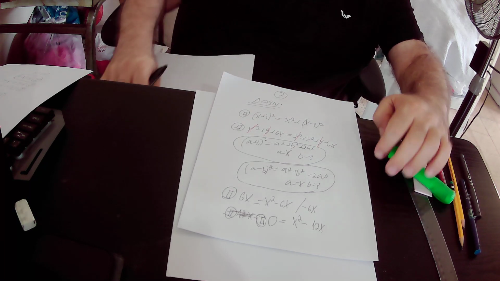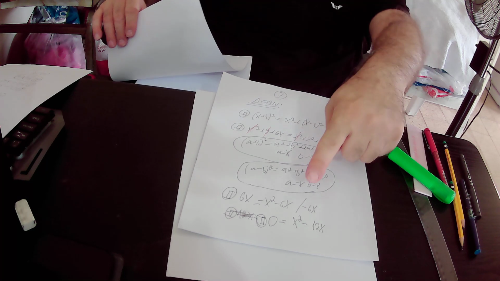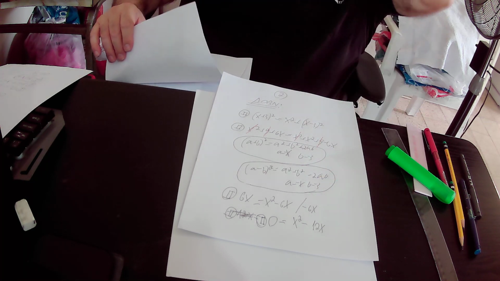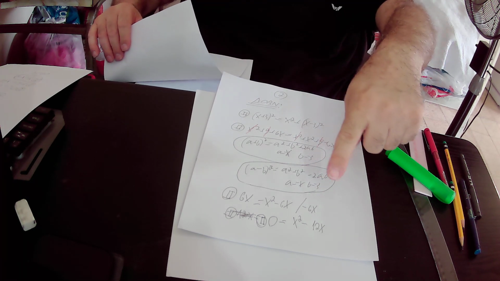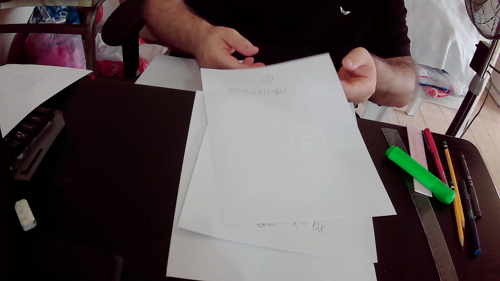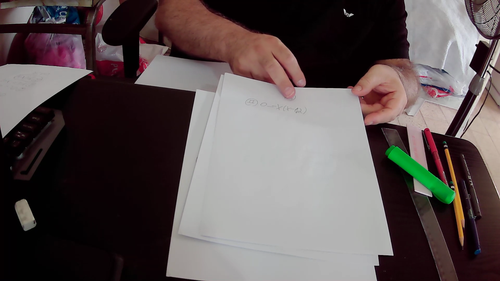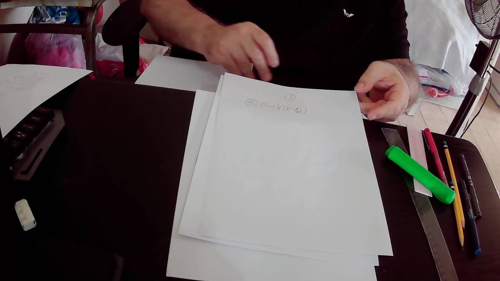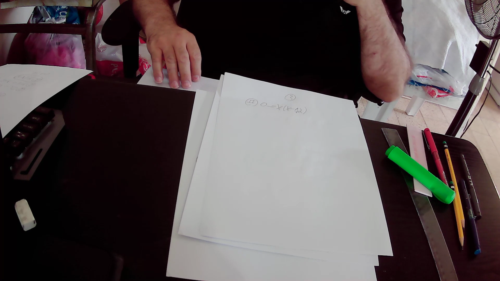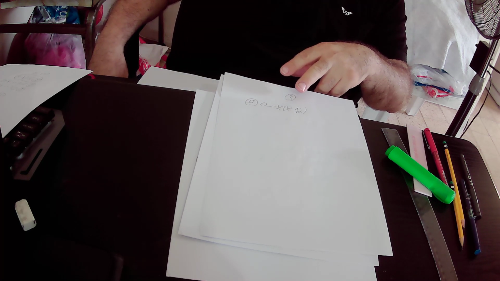So we took a common factor x from this equation. We got that 0 equals x times (x minus 12), and actually we have two solutions to this equation.